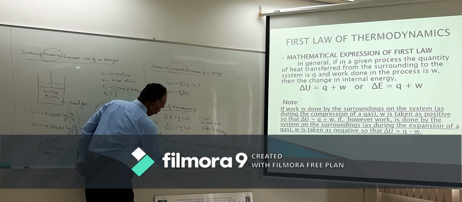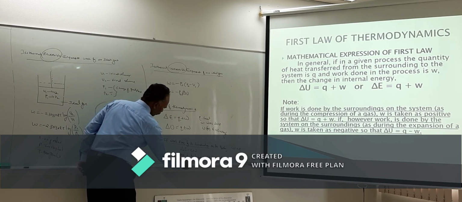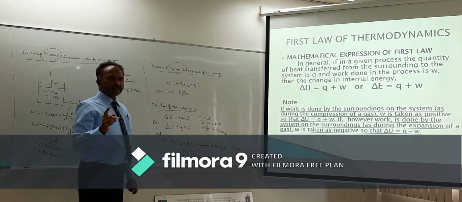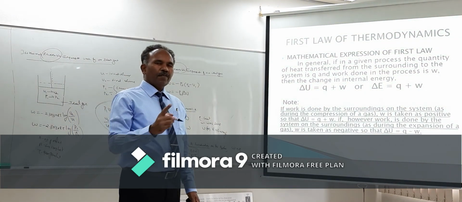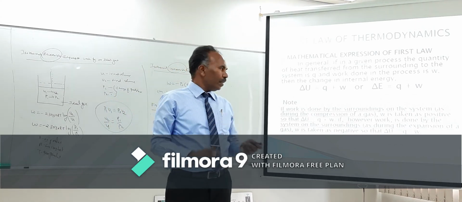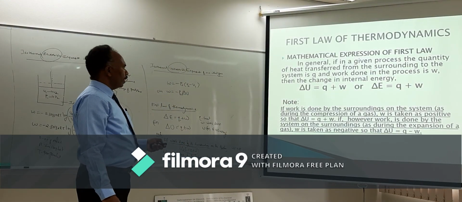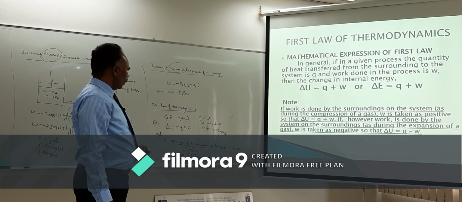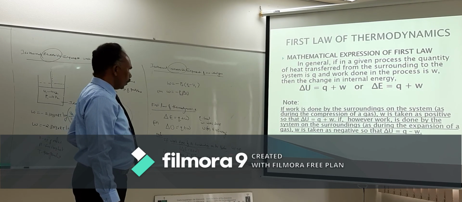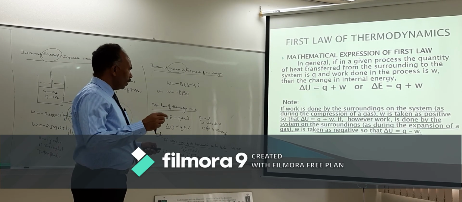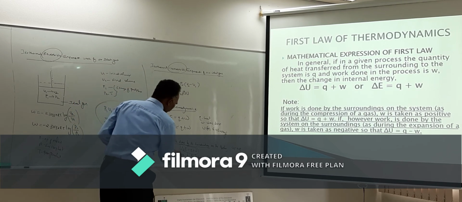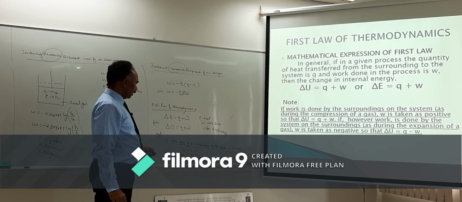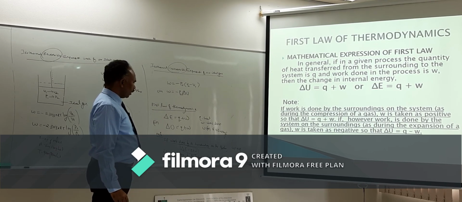So delta E is equal to Q minus W. So please don't get confused with the formula. Again, I'm repeating that if work is done by the surrounding on the system, then W is positive, then delta E is equal to Q plus W. If work is done by the system on the surrounding, then W is negative, delta E is equal to Q minus W.